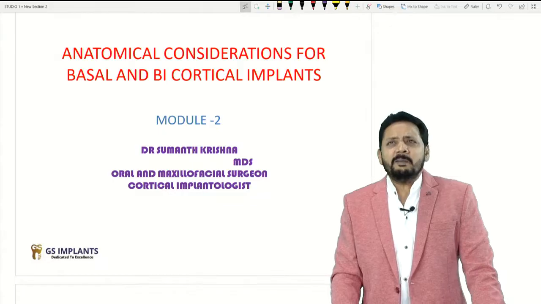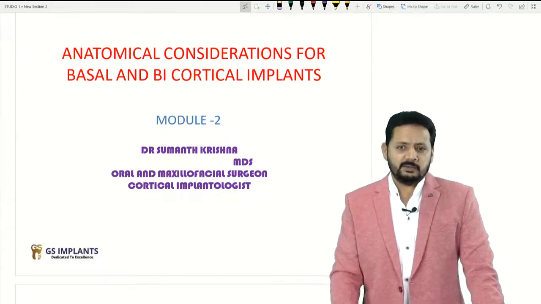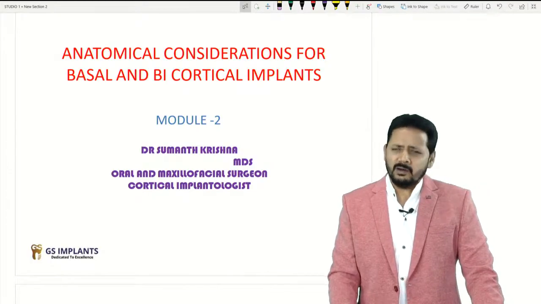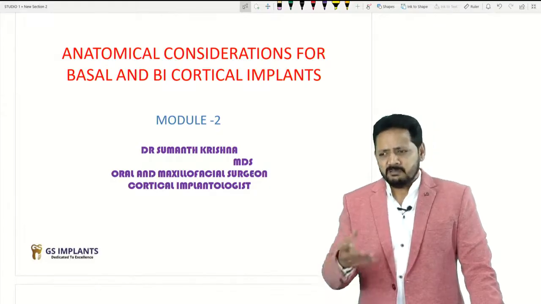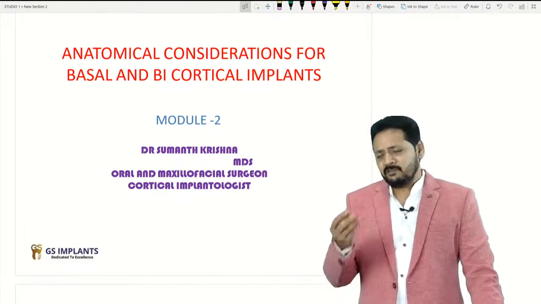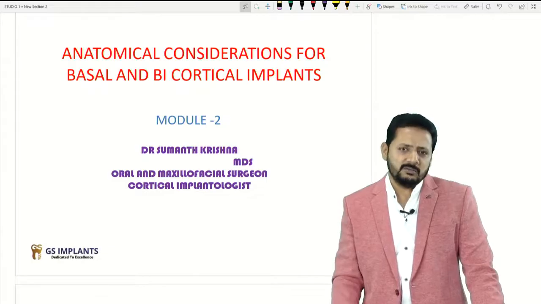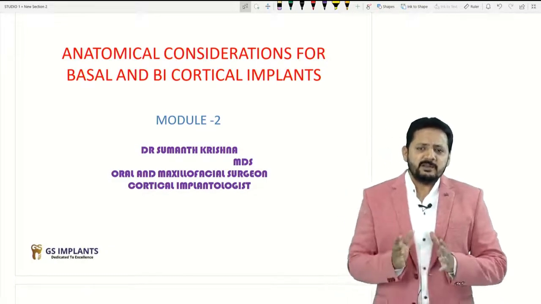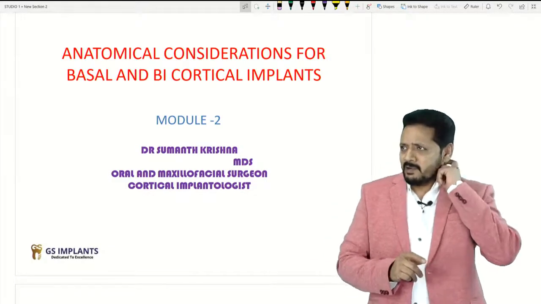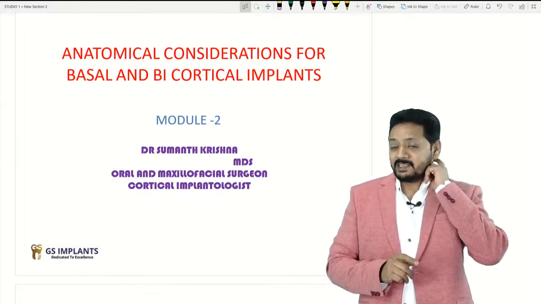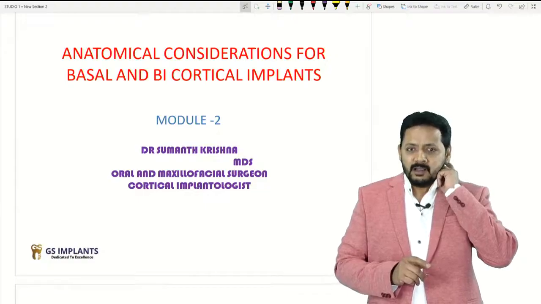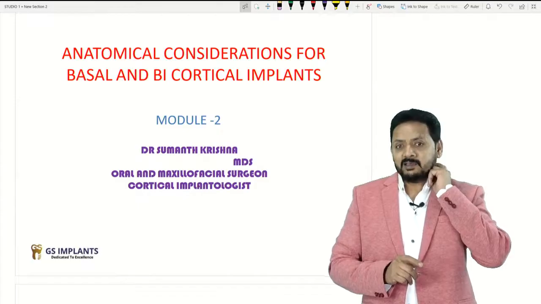So a lot of people fear placing an implant, or for that matter even a simple extraction, or sometimes even giving a small block. Why they fear is because somewhere in the back of the mind, they fear what vital structure might be there. Am I going in the right direction or not?